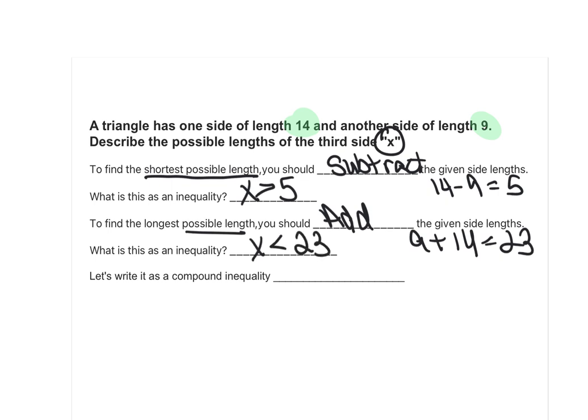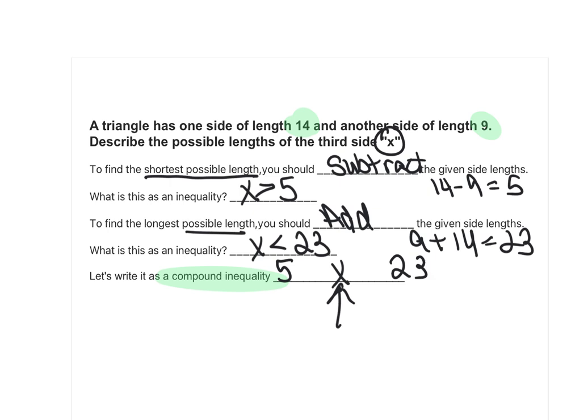When we go to put it into a compound inequality, here's how we write compound inequalities. So we are basically saying that our value of x has to be between, so we are physically going to put our x in between our smallest value and our largest value.